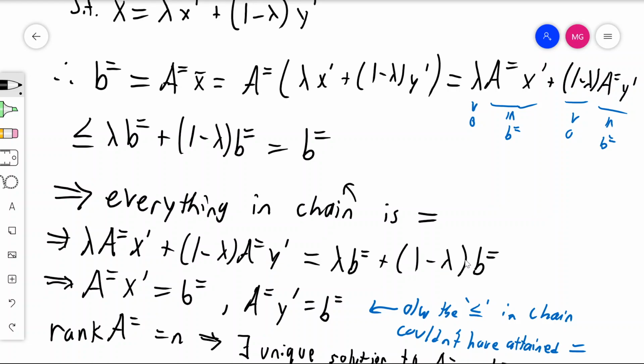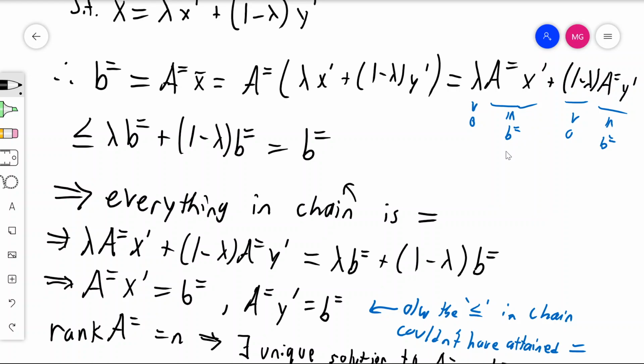So we know that this is true, but how can this be true? The only way is because lambda and 1 minus lambda are positive, so the only way to actually attain this upper bound is for each of A equality x prime and A equality y prime to individually obtain their upper bound of b equality.